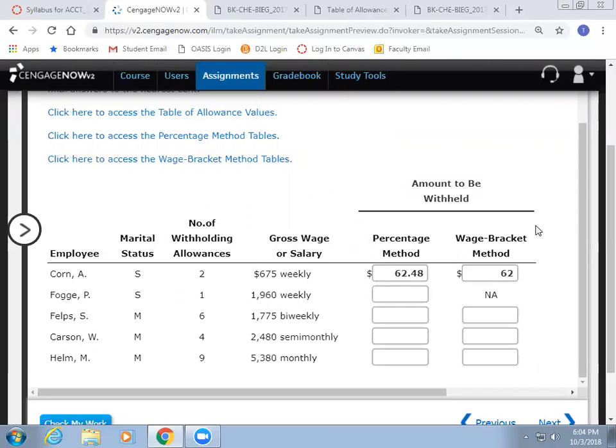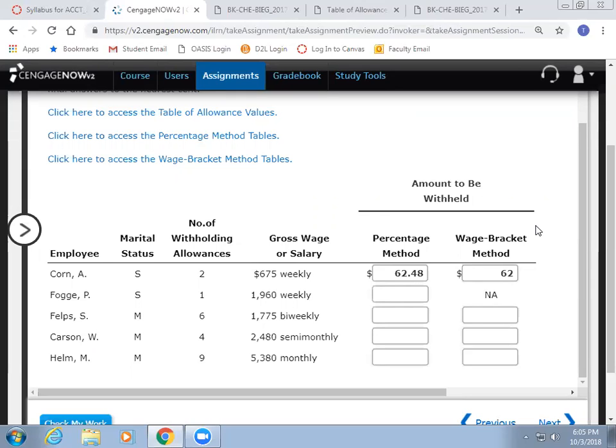Well, that's our percentage method. So we're unable to use the wage bracket method because this person makes too much. So we would really truly just repeat what we did on this first one. This person just makes more.